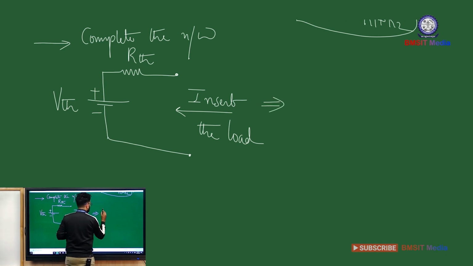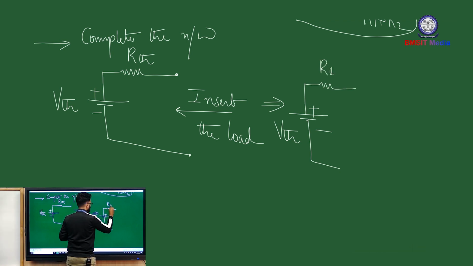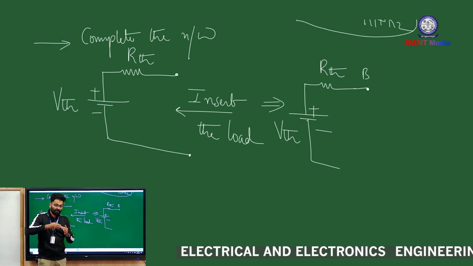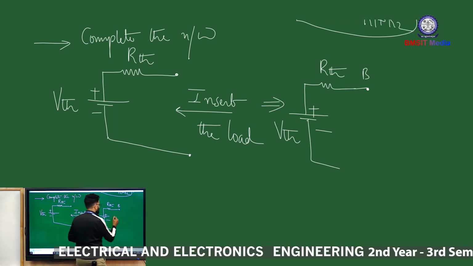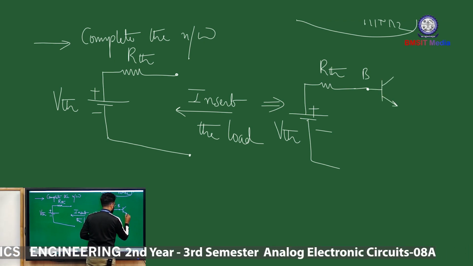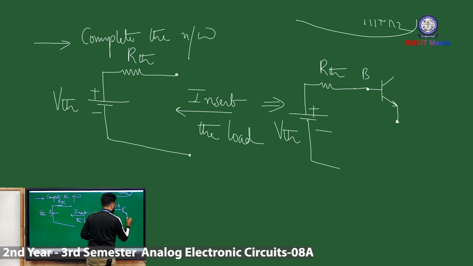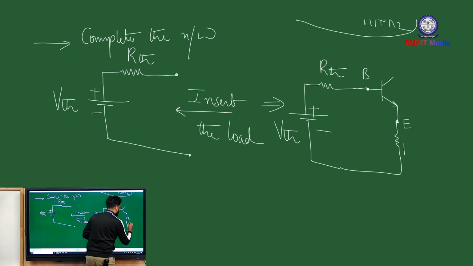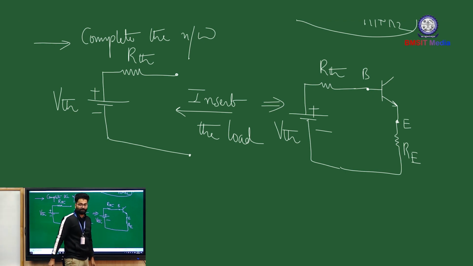So this leads to the following network shape: plus minus VTH in series with RTH, right? And this is your base terminal. So you had removed certain elements from collector and emitter terminals, right? So we are inserting them. So let me insert the transistor here, right? And this is where your emitter terminal was lying, and in series with the emitter terminal you had your emitter resistor RE, right?